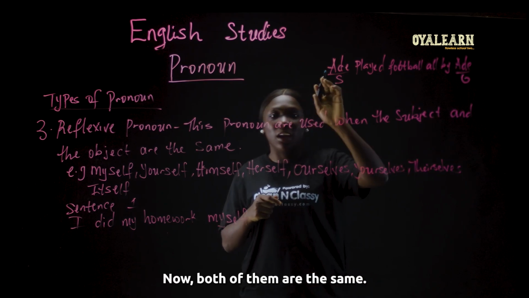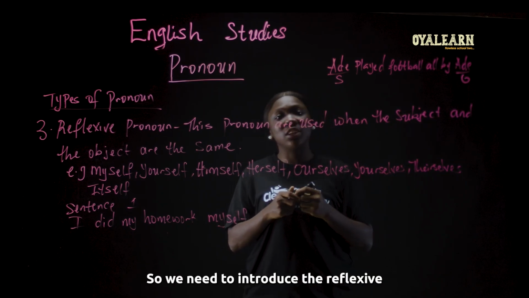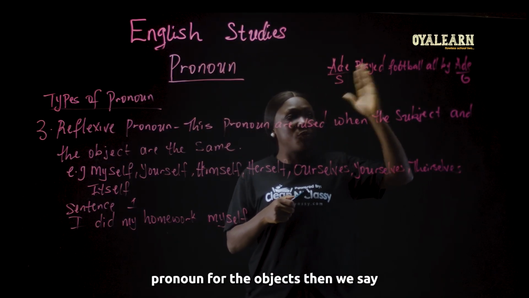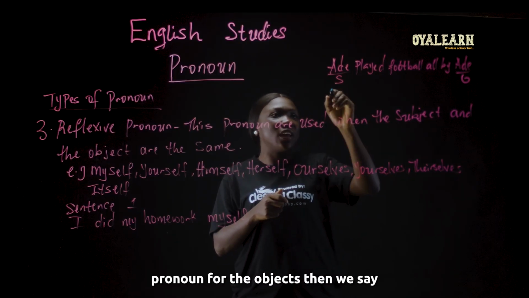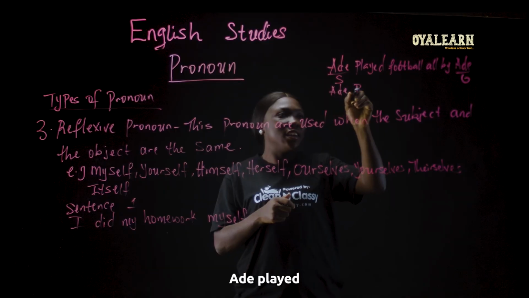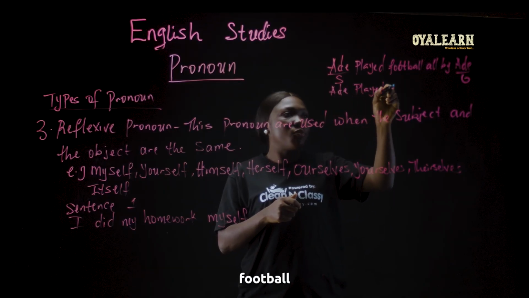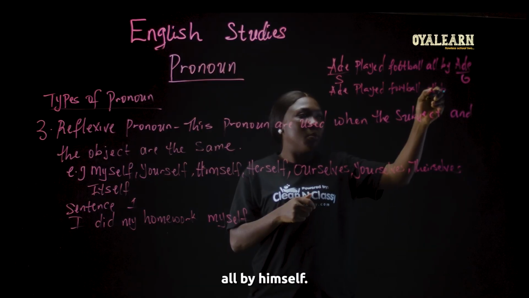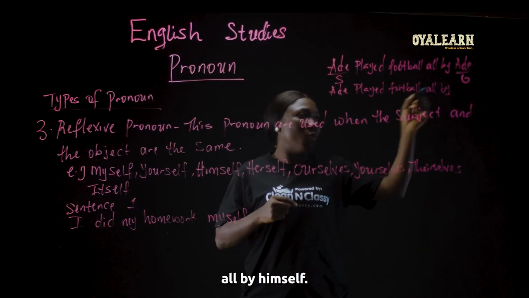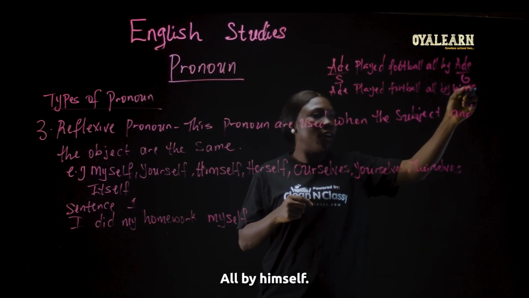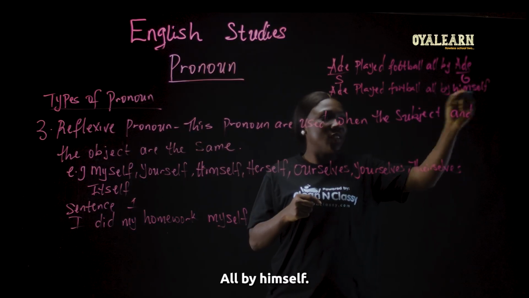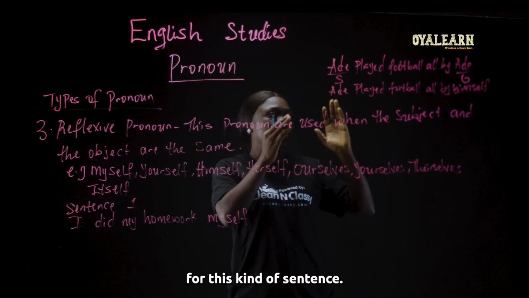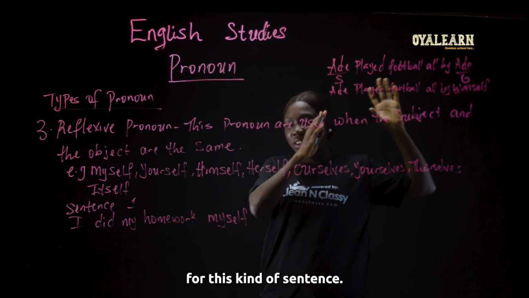Both of them are the same. So we need to introduce the reflexive pronoun for the object. Then we say, they played football all by themselves.